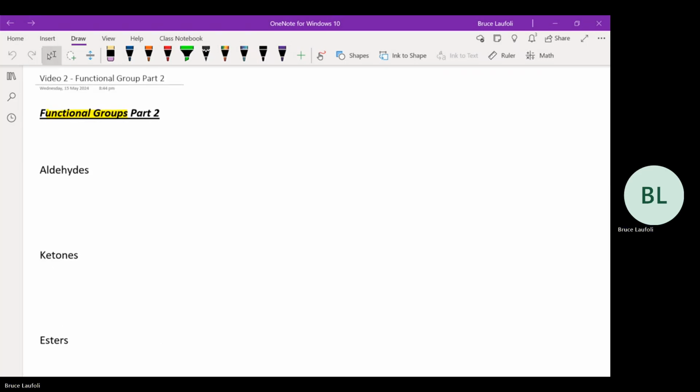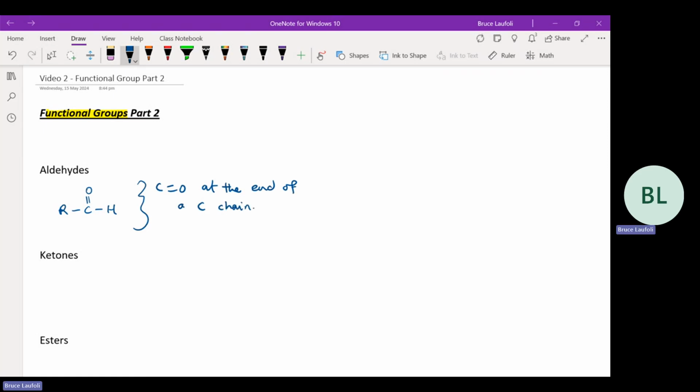So the first group that we are going to look at is aldehydes. Aldehydes are represented by the following functional group. It involves a C double bonded to an O at the end of a carbon chain.